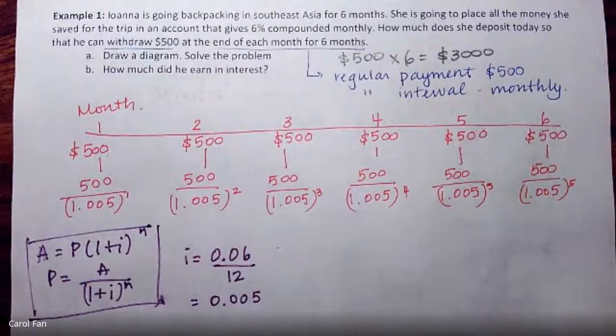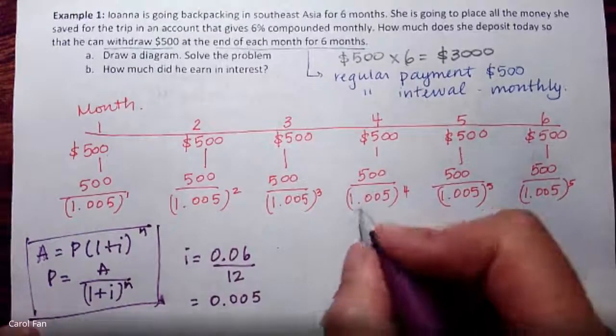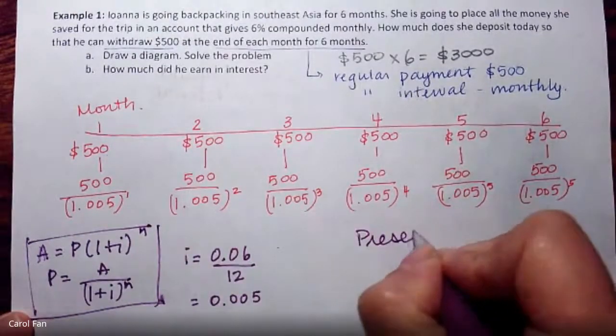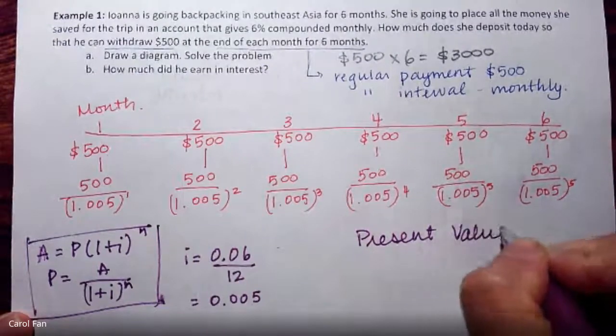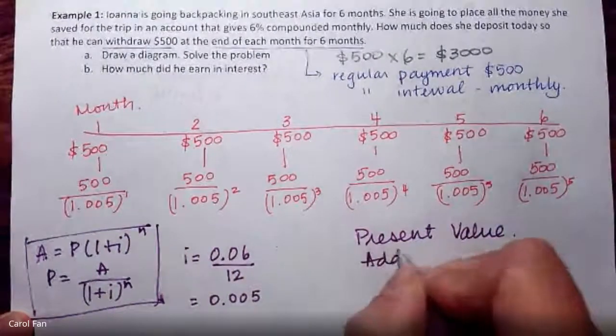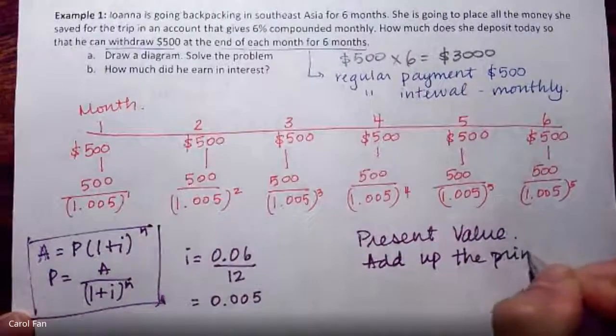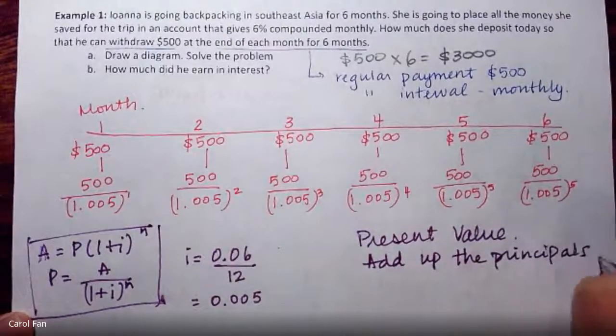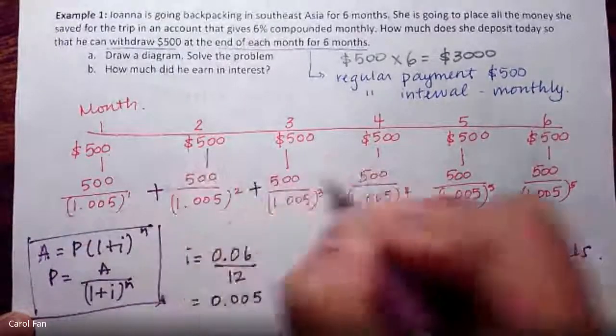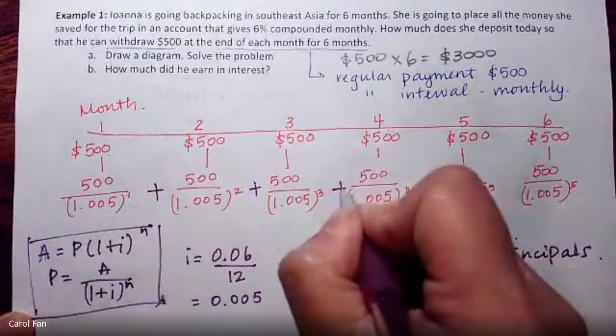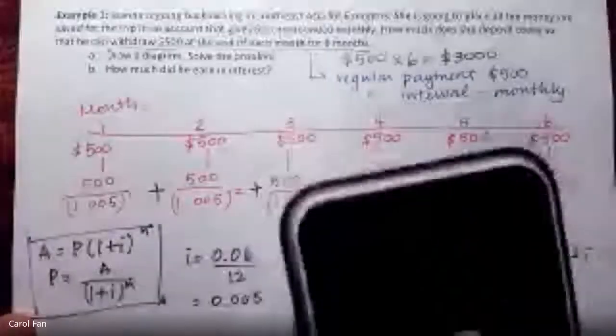So for me to get the present value, I would add up all of these. Present value, add up the principals. So the first month plus second plus third plus fourth plus fifth plus sixth.